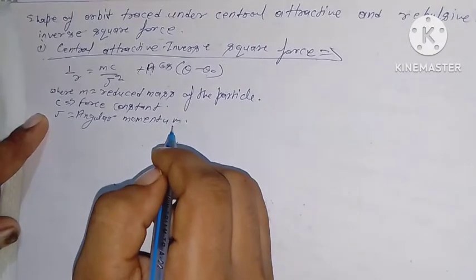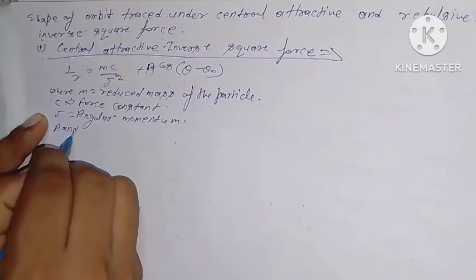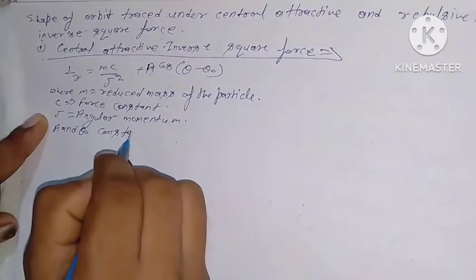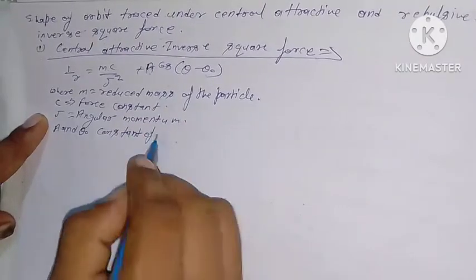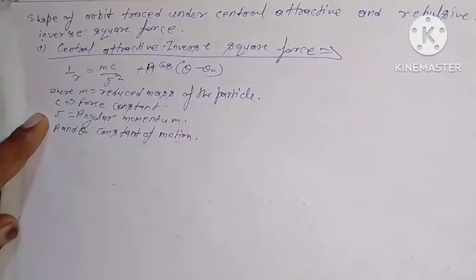A and theta naught are constants of motion.